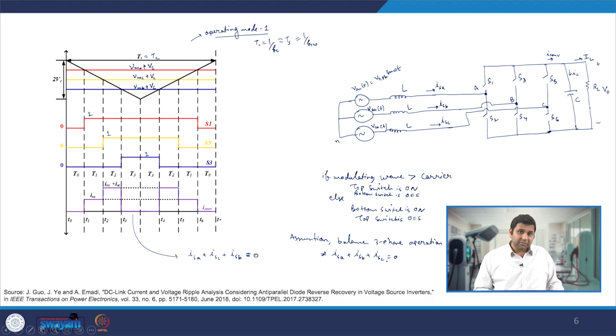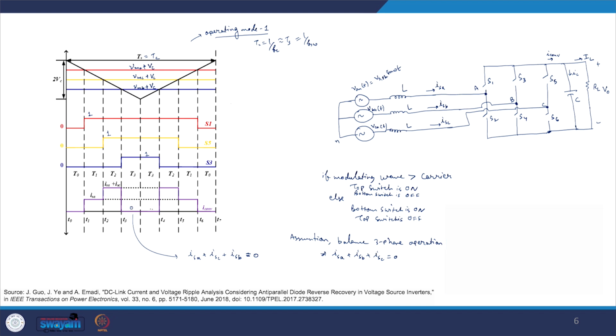Thus at this point, when all three, S1, S3 and S5, are on, my I converter current is nothing but ISA plus ISB plus ISC, and that is actually equal to 0. That's why the 0 is drawn. Similarly, between this point and this point we also have 0 current flowing.